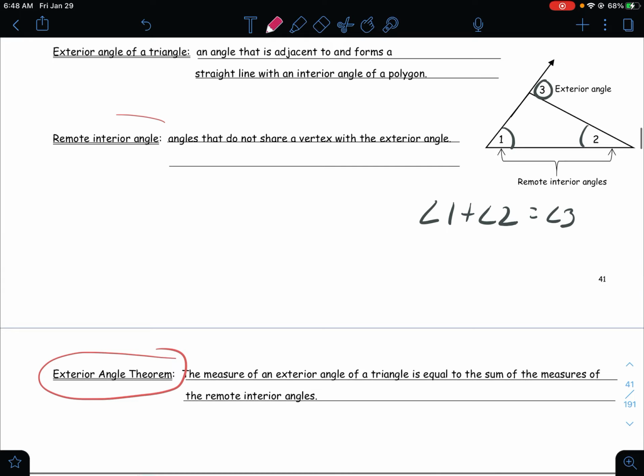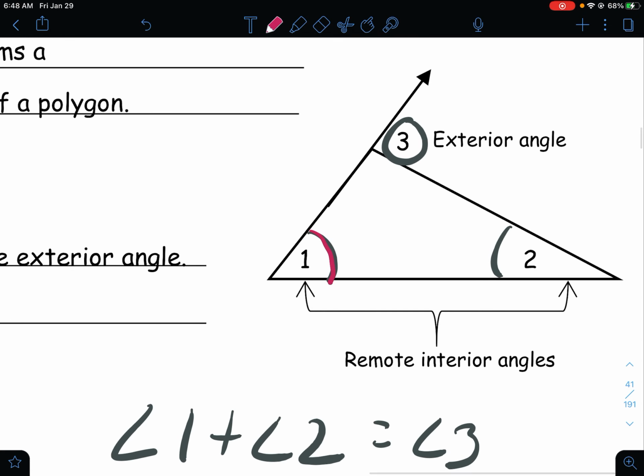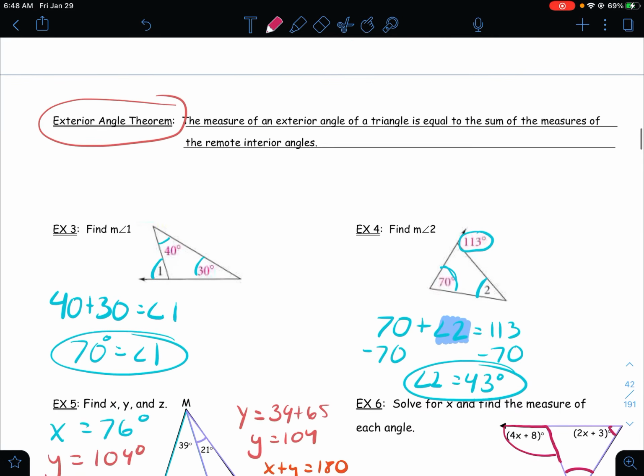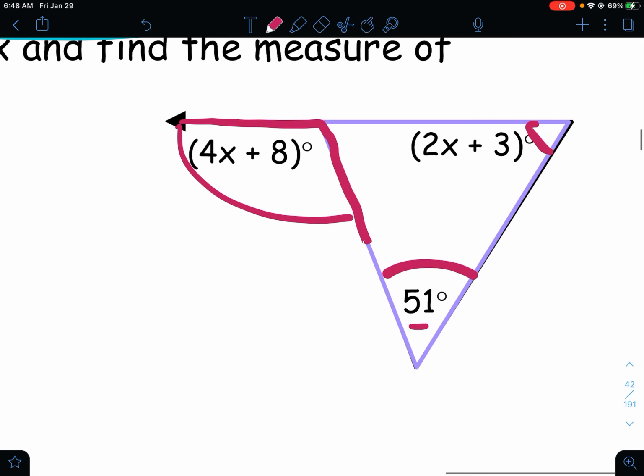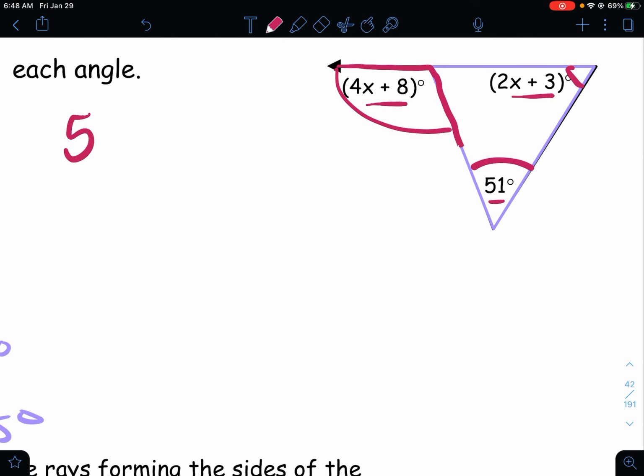And if we go back here, we know that the two remote angles add up to the exterior angle. So we can say that this guy plus this guy equals that guy. So we'll say 51 plus 2x plus 3 equals 4x plus 8.